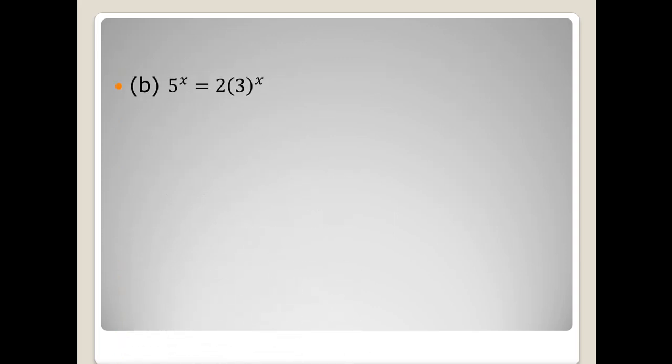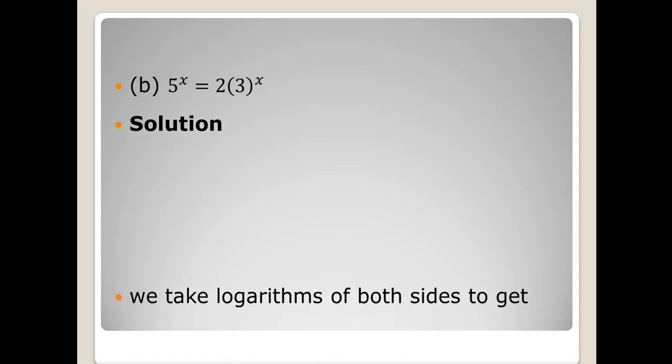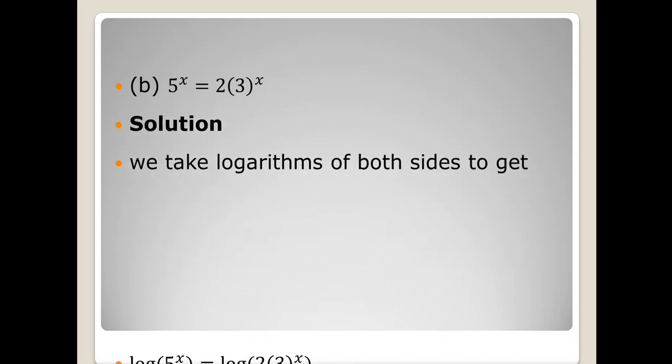Let's have another example. We also need to find the value of x that will satisfy this equation. We don't have to divide both sides by any number, because on the left side here we have 5 index x, on the right side we have 2 times 3 index x. So what we will do is we'll just take the logarithm of both sides of this equation.